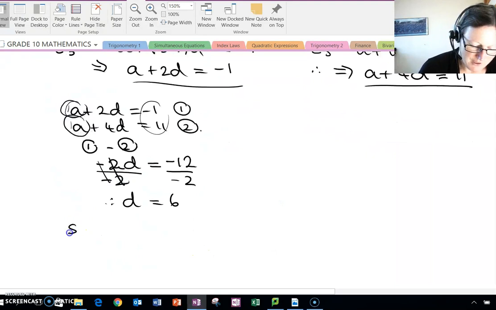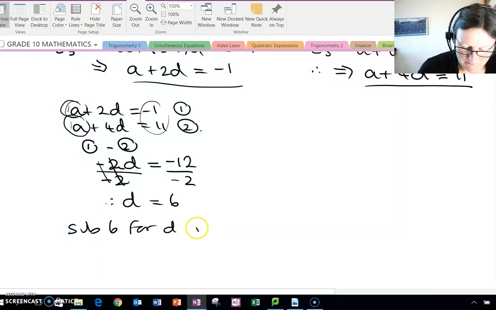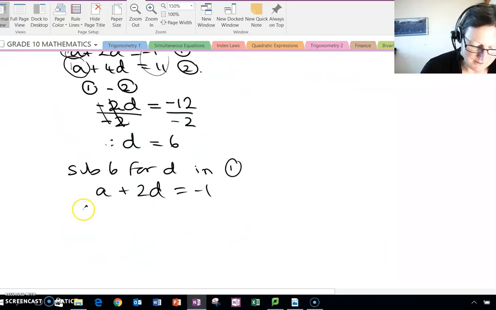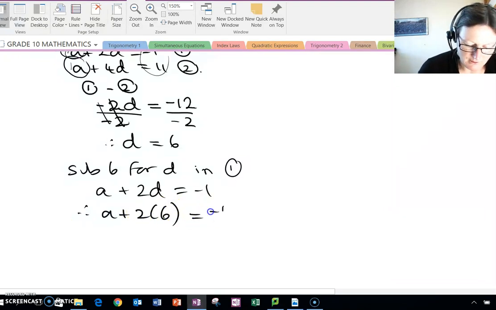Then I substitute 6 for d in equation 1, though you can choose equation 2 if you want. So a plus 2 lots of 6 is equal to -1. a plus 12 is equal to -1.